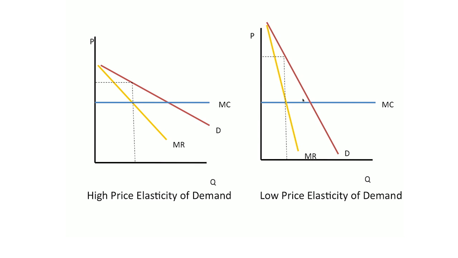So that's going to generate a different decision for the monopolist. The monopolist over on the left is going to say, oh, these guys are pretty sensitive to my price, so I'm not going to raise my price too much for them. And you can see the profit maximizing price for this monopolist is, as usual, at the intersection of marginal revenue and marginal cost for quantity, and then you get the price at that point. For this monopolist over here, a firm with market power, marginal revenue equals marginal cost there, but you get a much higher price.